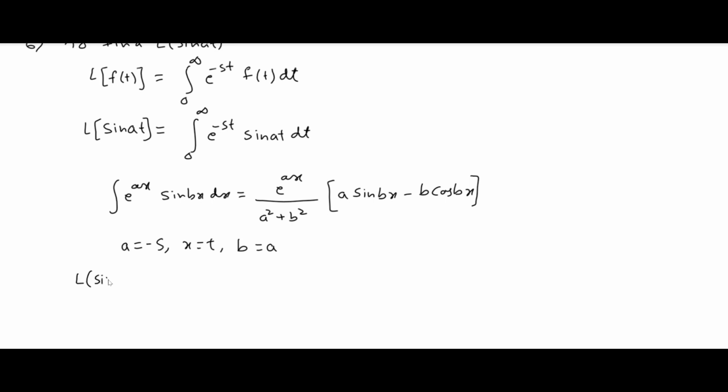So we get Laplace transform of sin at will be equals to e power of a value is minus of s, x value is t, divided by the value of a is minus s, so we will be getting minus of s whole square plus the value of b is a, so we will get a square, times of a value is minus of s into sine of b value is a, x value is t, minus of b value is a, cos of b value is a, x value is t, and we know the limit values.